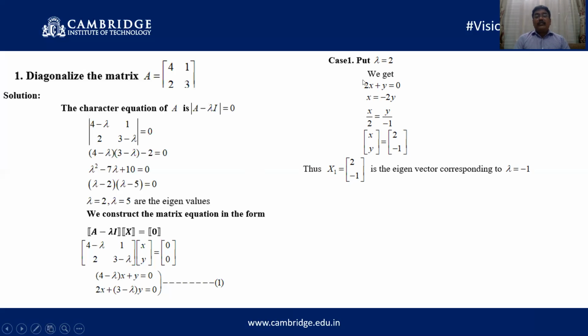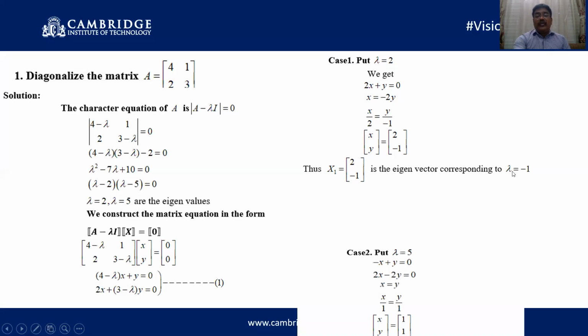Now, in case 1, let us consider the first eigenvalue, lambda equals 2. Let us put lambda equals 2 in the system of equation 1. We get x is equal to 2, y is equal to minus 1. Thus, this x1 is the eigenvector corresponding to the eigenvalue lambda equals 2.